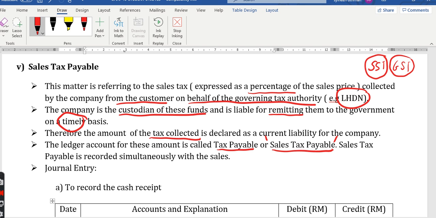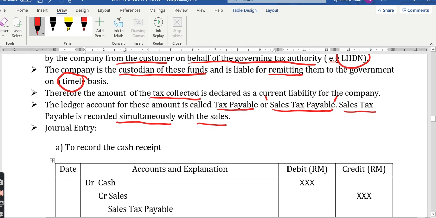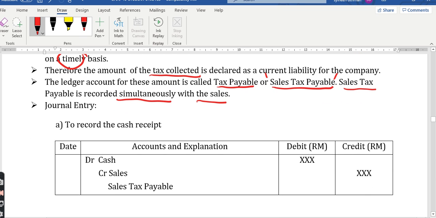Sales tax is recorded simultaneously with the sales, because the sales tax only occurs when you make a sale in the company. So the amount of money is included in the sales amount. So how do we record the cash receipt from the sales tax? Let's say the price of your merchandise is 100 ringgit and the sales tax is 5%.